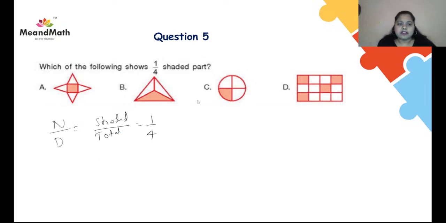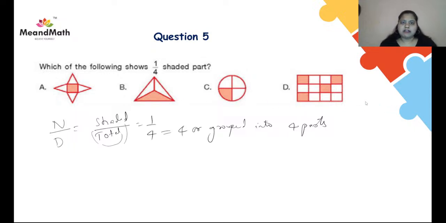If we have 1 by 4, it is clear that the total number should be 4, or grouped into 4 parts, right? Now observe these 4 pictures, and first we will eliminate, because we will see whether it is of 4 parts or grouped into 4 parts.